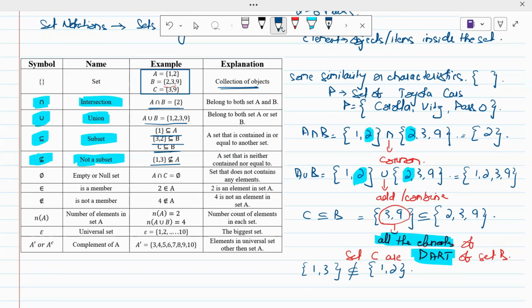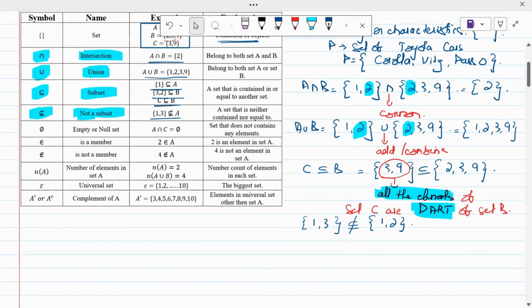For example, I can say Karachi is a subset of Sindh, and Sindh is a subset of Pakistan. But I cannot say Sindh is a subset of Karachi.